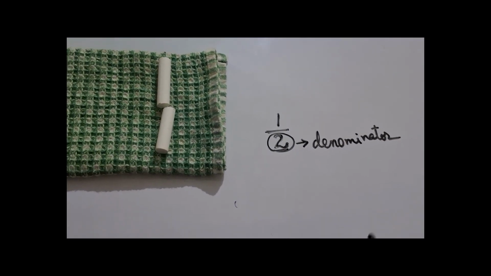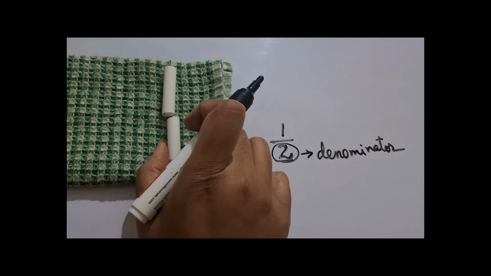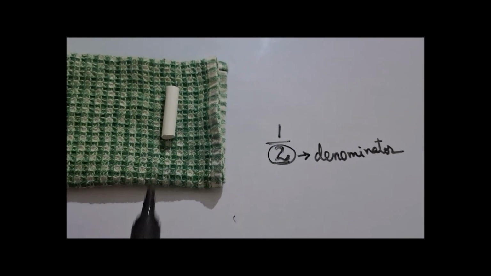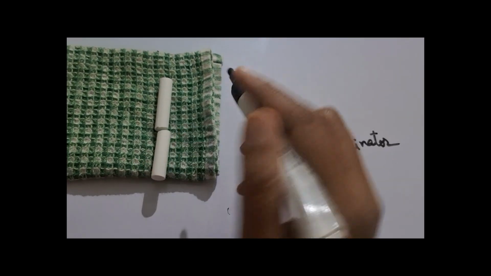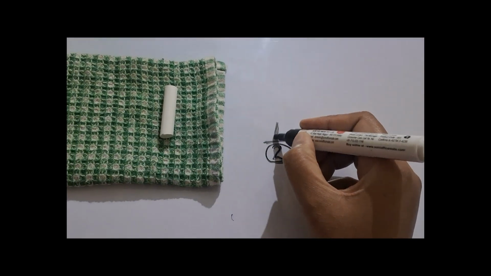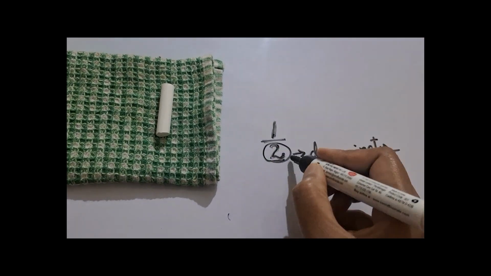Okay, children? Now, how many parts is asked here? This is how much part? This is only one part out of 2, isn't it? Only one part out of 2. That means the count for this one is 1. 1 out of 2.